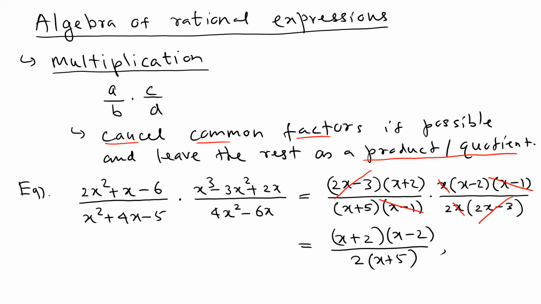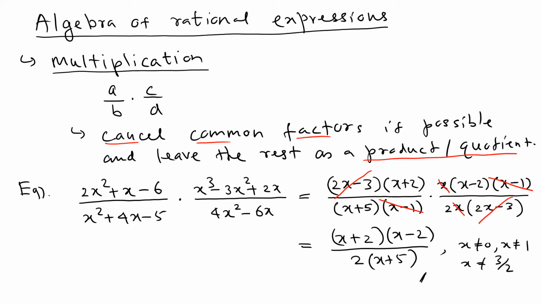And this is only valid for the terms that you cancel out when they are not equal to 0. So that means x cannot be equal to 0, x cannot be equal to 1, and also x cannot be equal to 3 halves. So this is only valid when x is not equal to any of those numbers. That's how you can write the final answer.